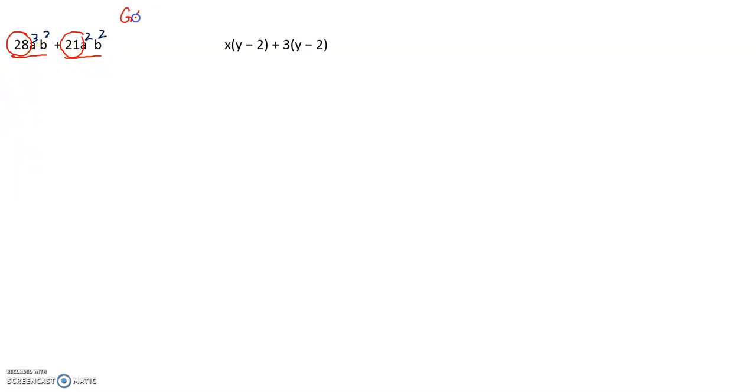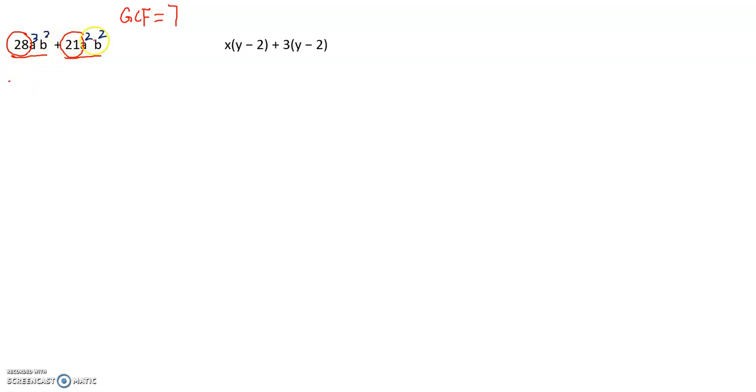The GCF for those two numbers is 7, since 7 goes into both of them and is the greatest. If you don't remember how to do that, go back to the video. You can either list all the factors of each number and find the one in common, or you can use a factoring tree to help you find the greatest common factor.